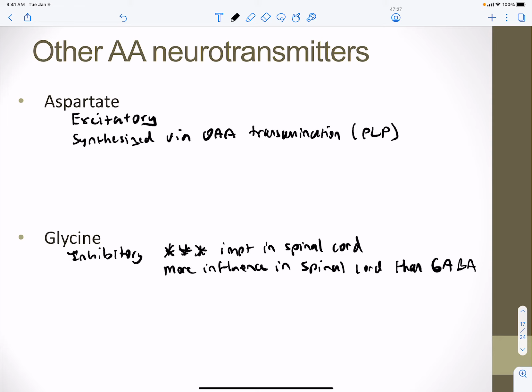This is going to be synthesized de novo in the nerve terminal, and is synthesized from serine using serine hydroxymethyltransferase. As we talked about previously in Biochem 2.